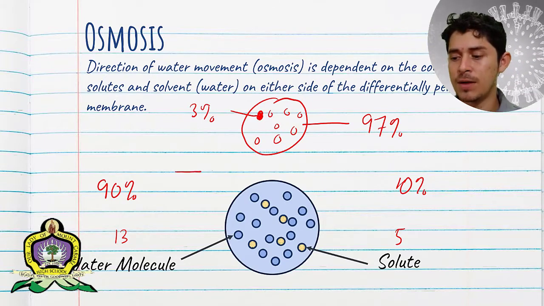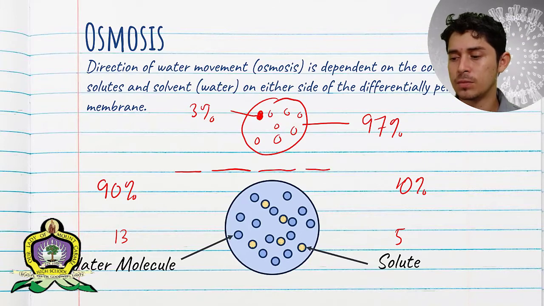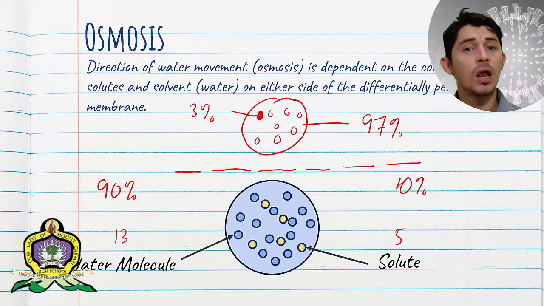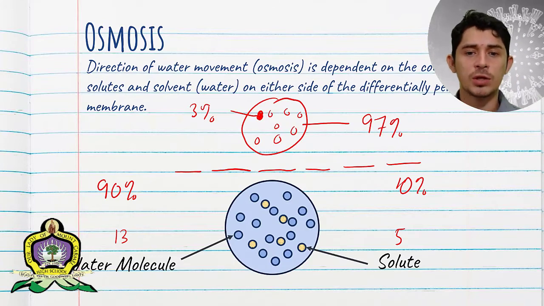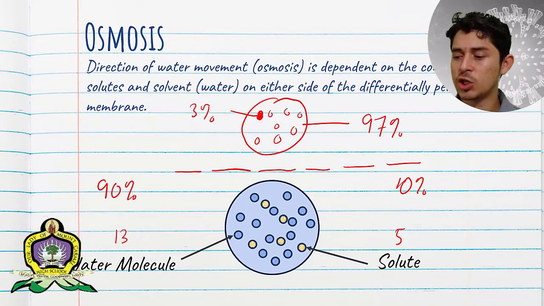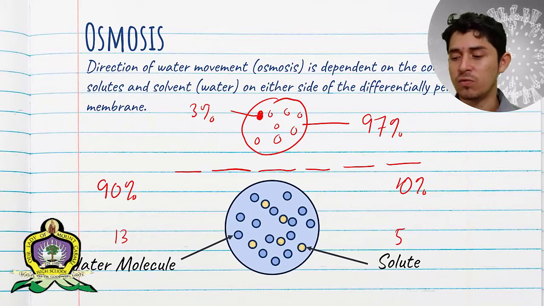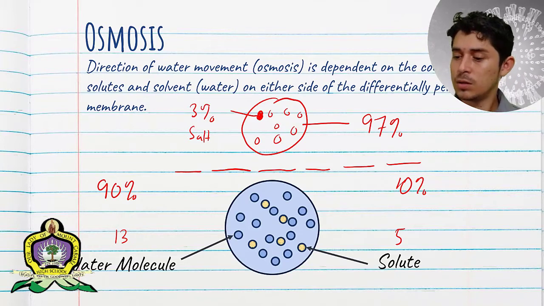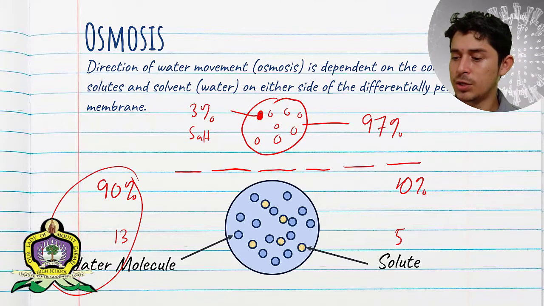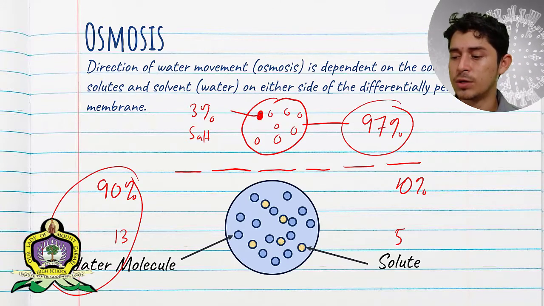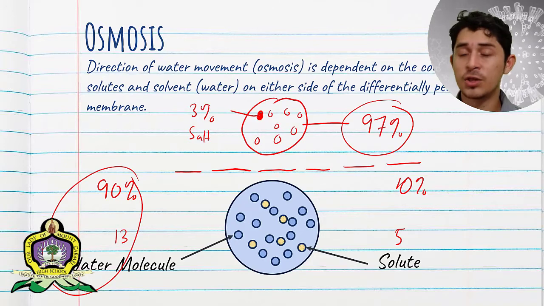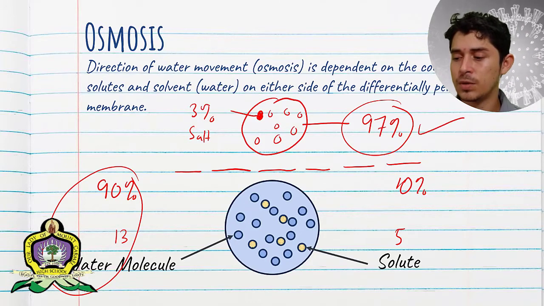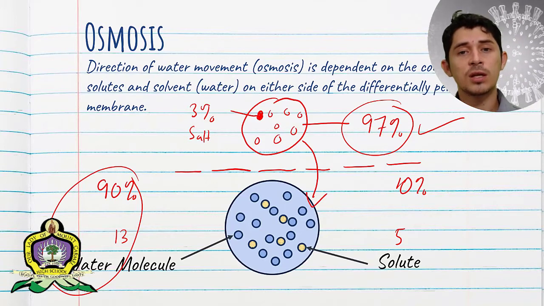Let's say that there is a little membrane here, from an area where there's a lot of water to an area where there's less water. So in which direction should this move? I'll give you 1 second to think. Here we have 90% water and here we have 97% water. Where do we have more water in terms of percentage? Here. Therefore, water will start moving from here, from this circle to the next circle.